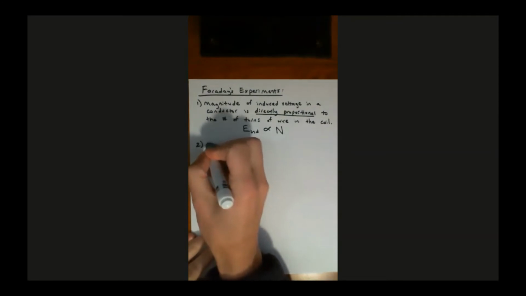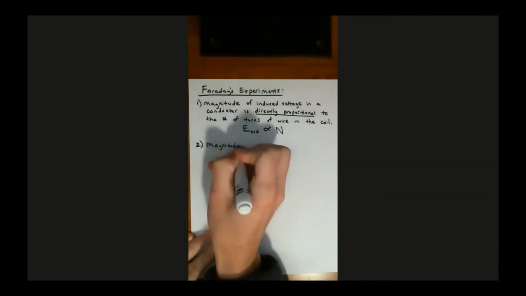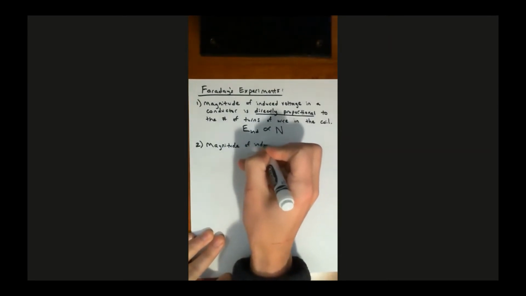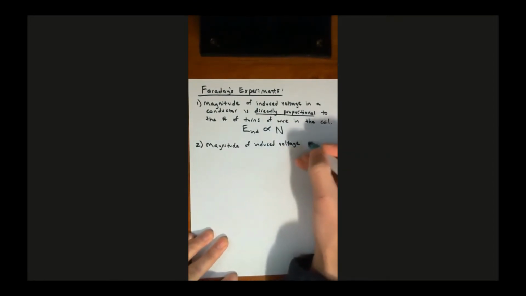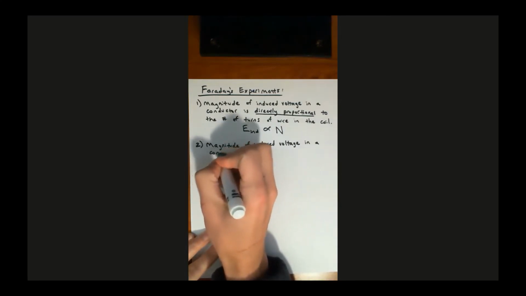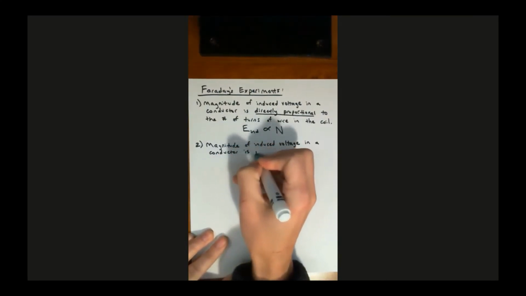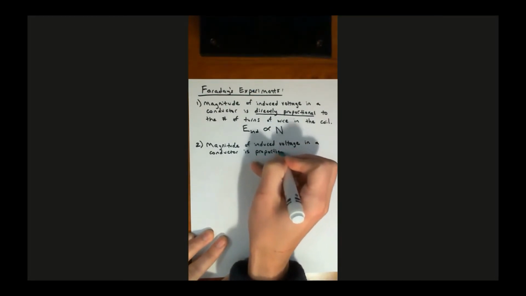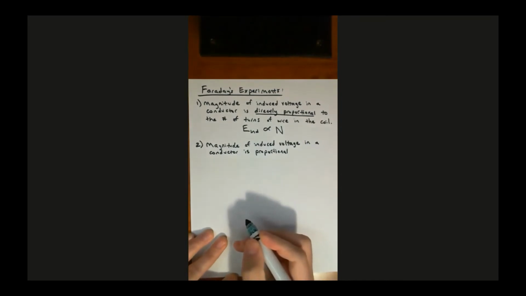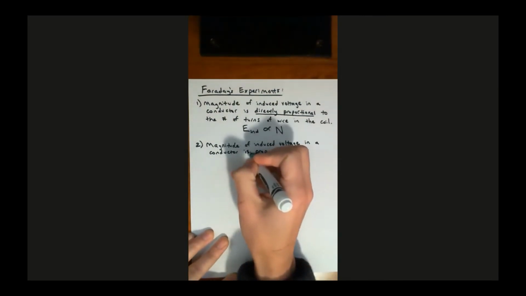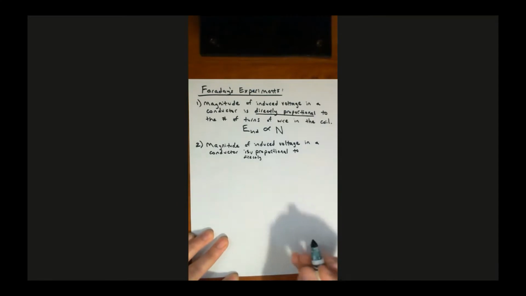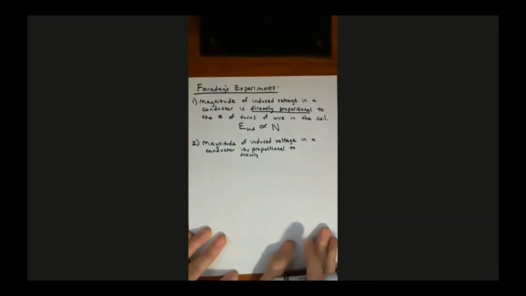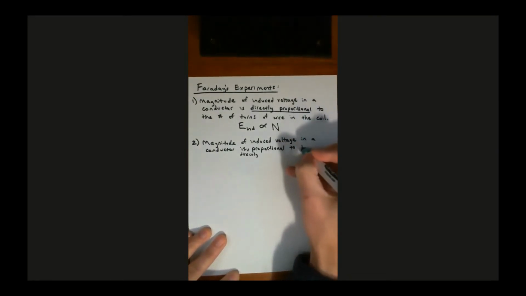This one says that the magnitude of induced voltage in a conductor is directly proportional to, this is the complicated phrasing here, but I think it'll start to make sense if you think about it, the rate of change.